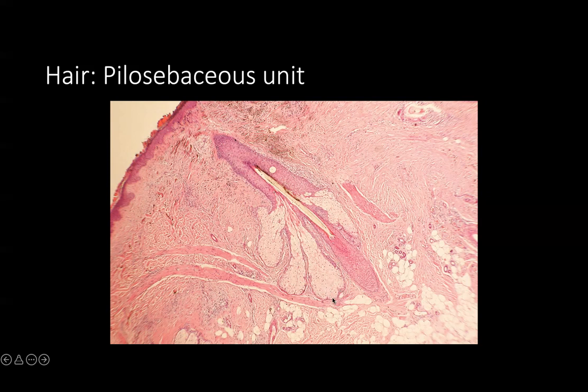Immunohistochemistry wise, sebocytes are marked by adipophilin, and there's a new kid on the block called PRAME, which is a protein that's been found to be highly expressed in malignant melanocytes, but not in abnormal or normal melanocytes. But interestingly, PRAME stains nothing normally in the skin except for sebocytes.